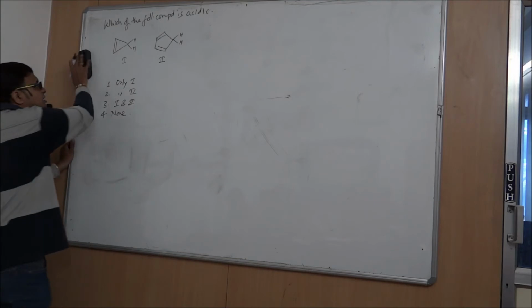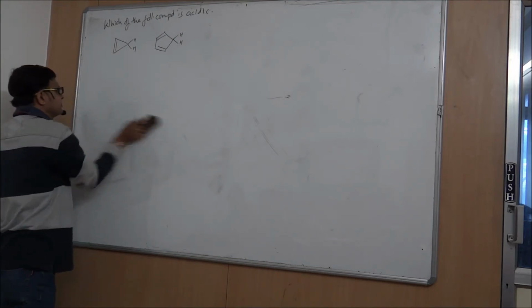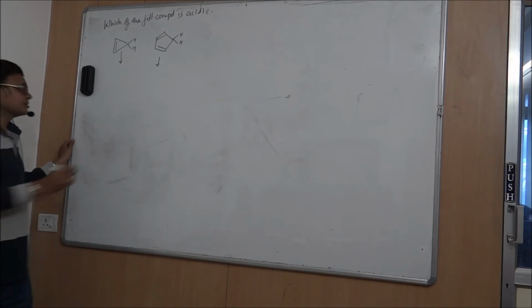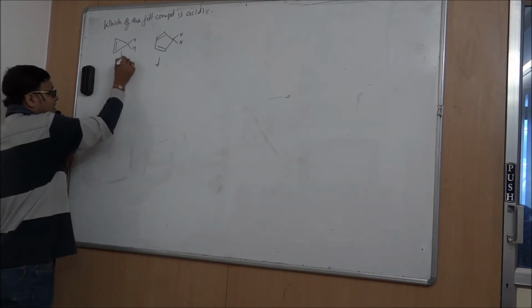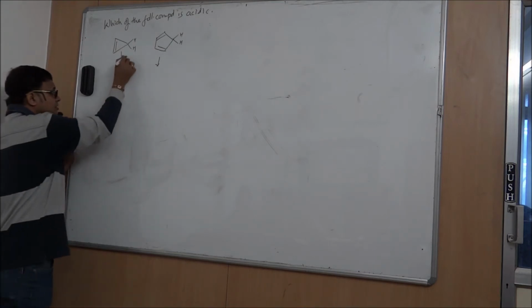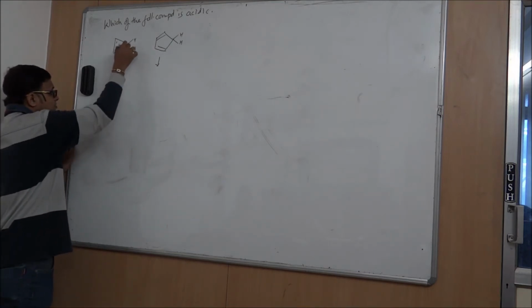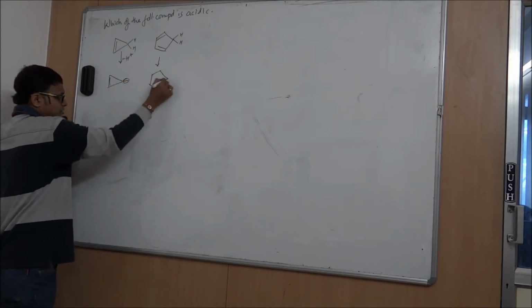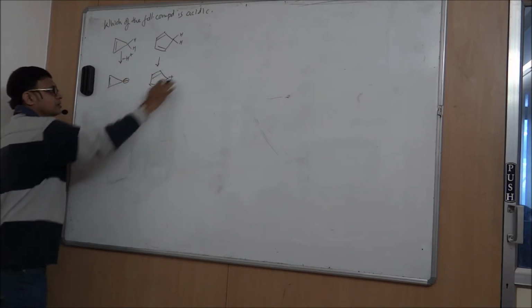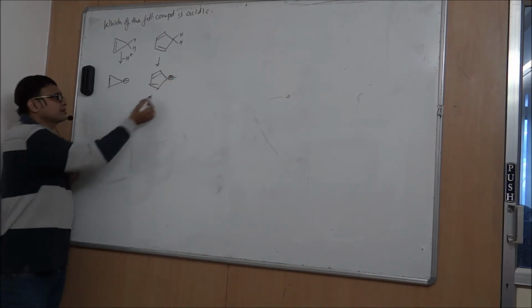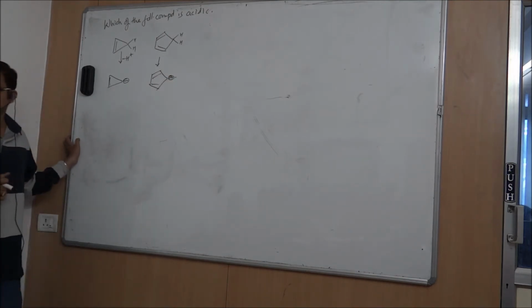Second one. Acidic means it can easily lose H plus. The H plus is given here, so it will have a negative charge. So here also negative charge. So this is aromatic, anti-aromatic.